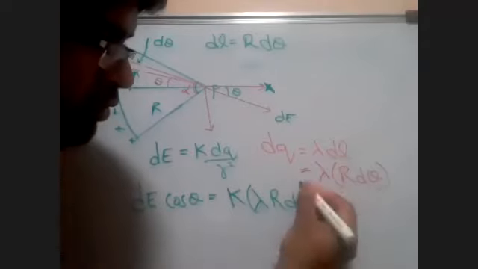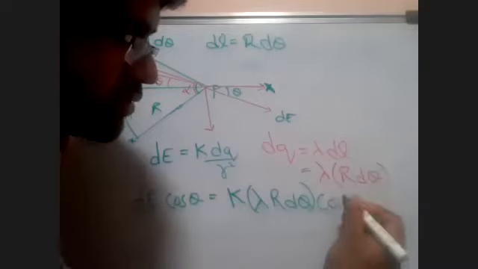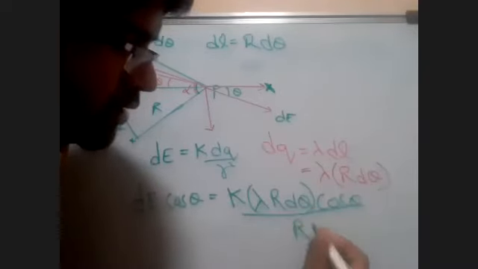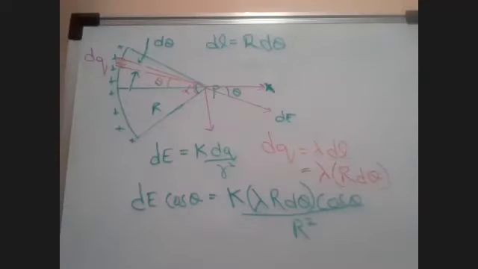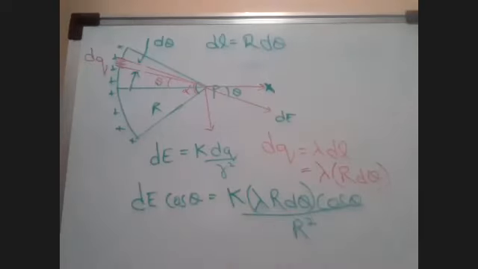K lambda R d theta into cos theta upon capital R square. Am I right, students? Yes, sir. Simple concepts.